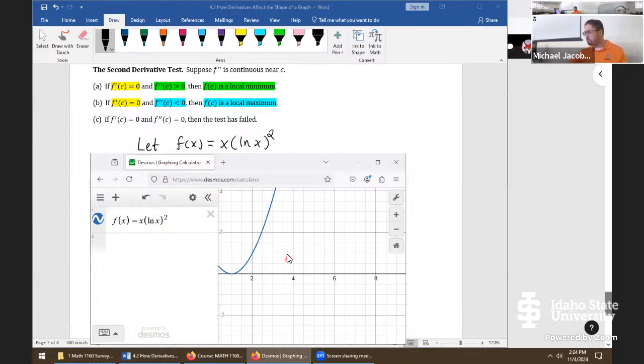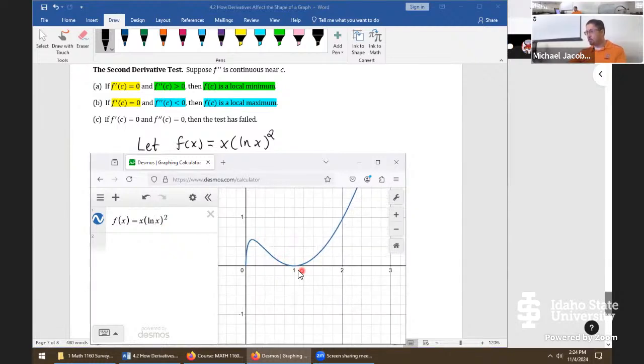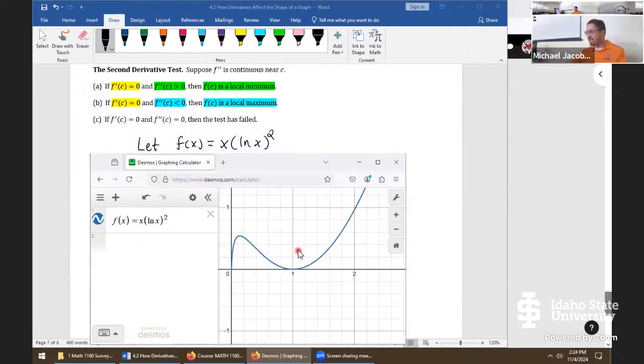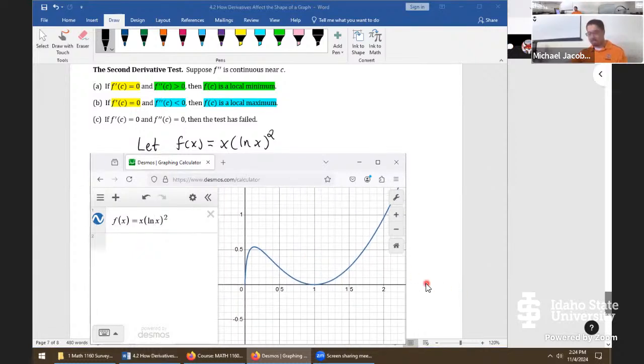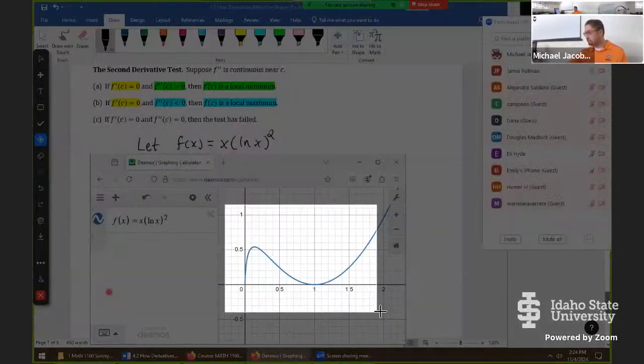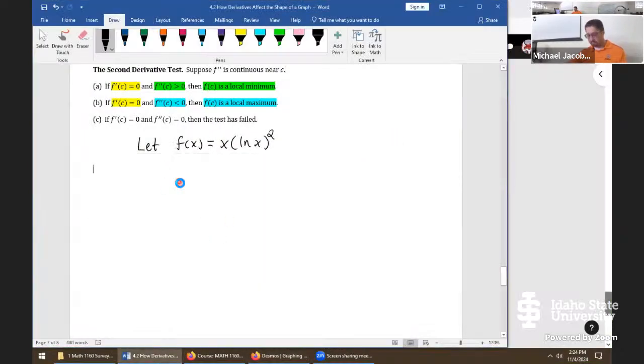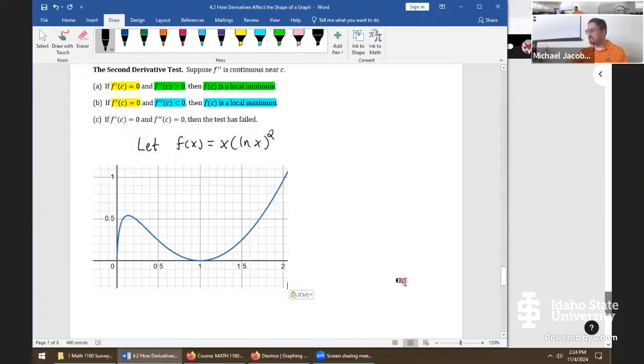But notice we have what looks like a local maximum right around here, and we have a local minimum right around there. That's the kind of graph we wanted to see for this example. So let's make this our screenshot. Okay, we've got a function. This is now y equals f of x, the curve in blue.